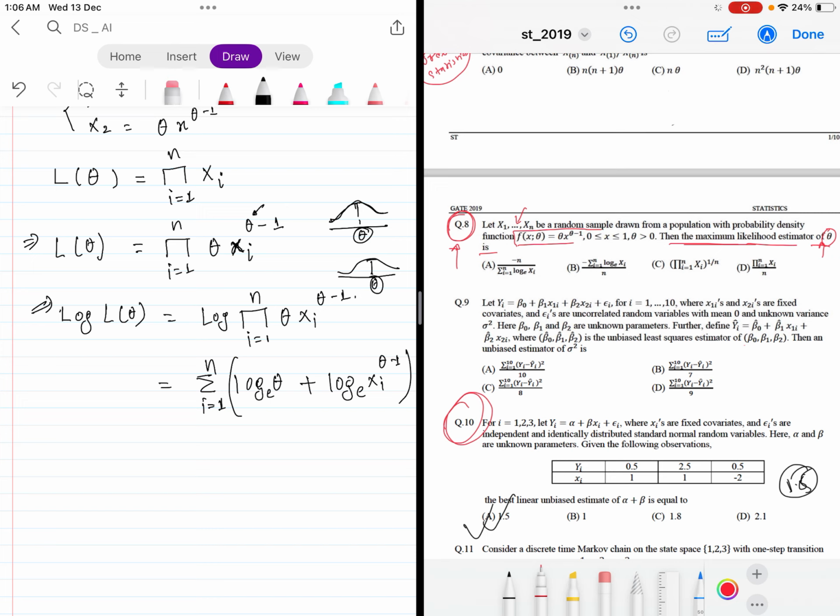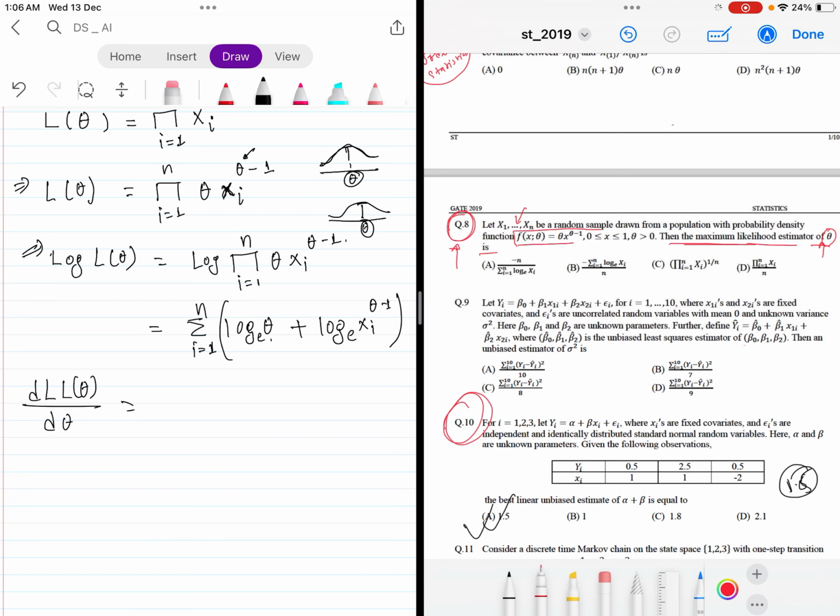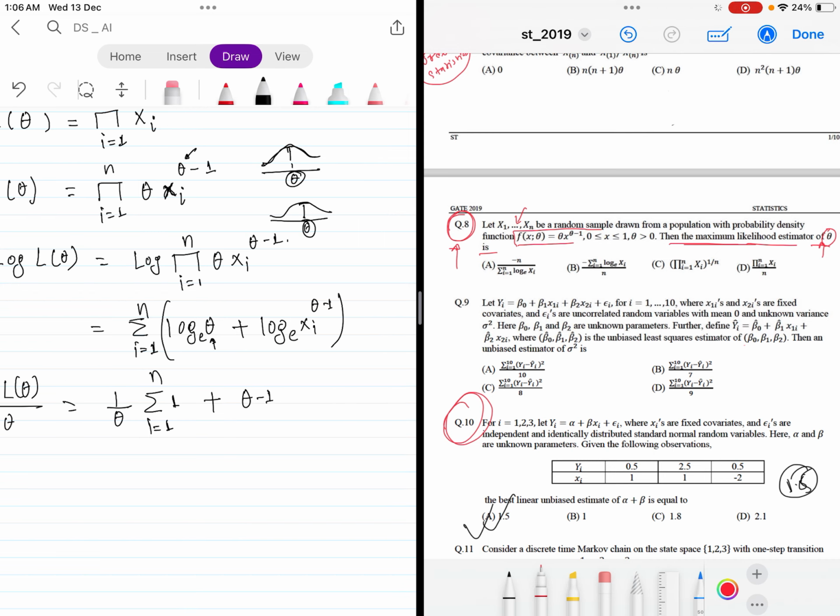So for the log likelihood we are taking the differentiation with respect to theta. The derivative of ln theta will be 1 by theta, with the summation. The second term is theta minus 1 times log of x_i, with theta minus 1 at the front.